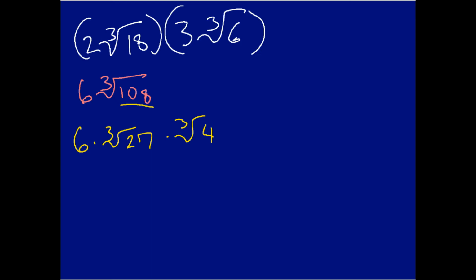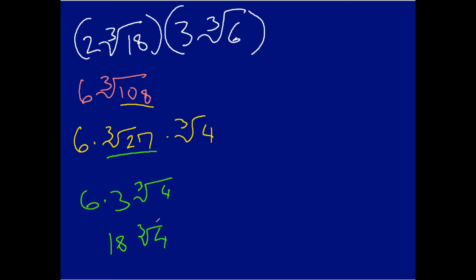The cube root of 27 simplifies to the number 3. So I end up with 6 times 3 times the cube root of 4, and the final answer is 18 times the cube root of 4. You can see how we were able to simplify that by following a very basic process.